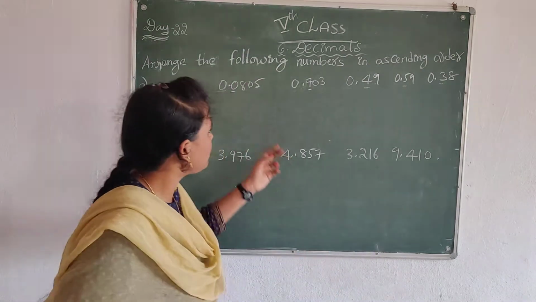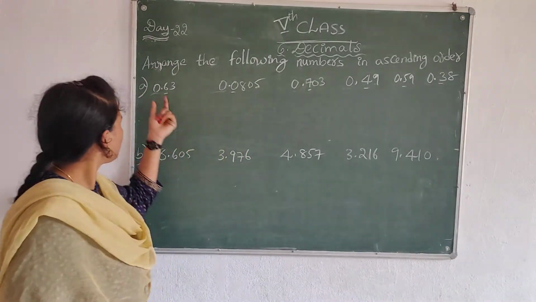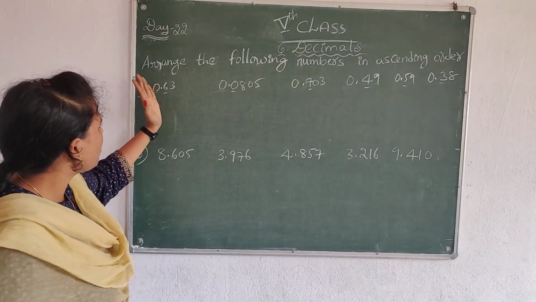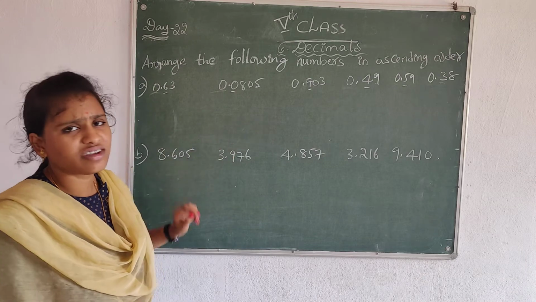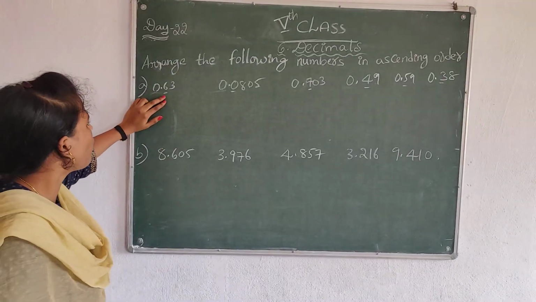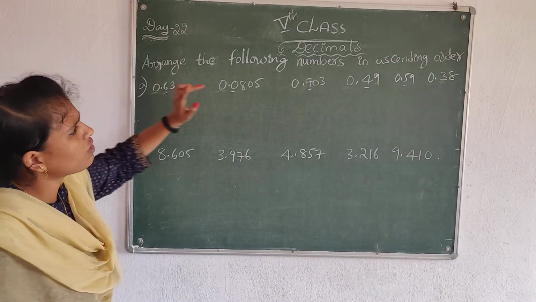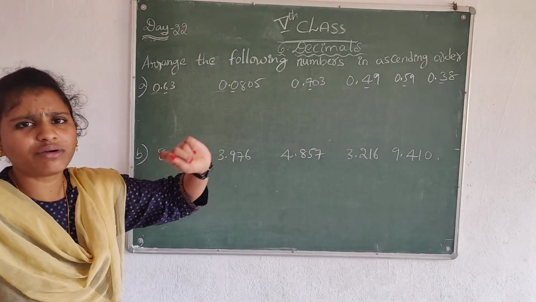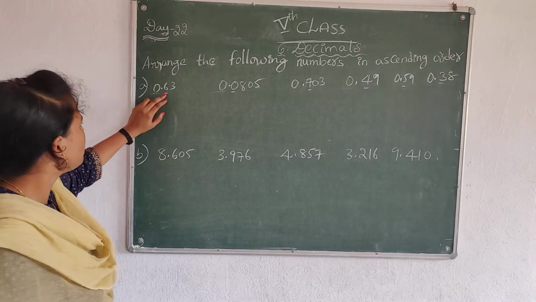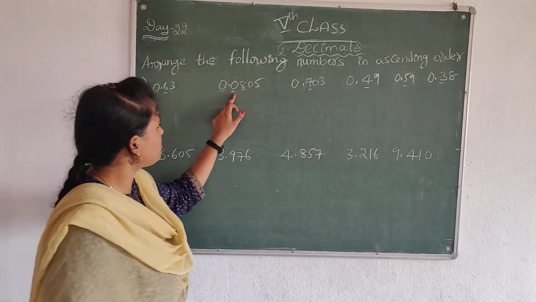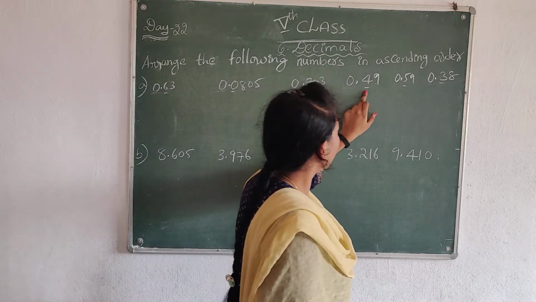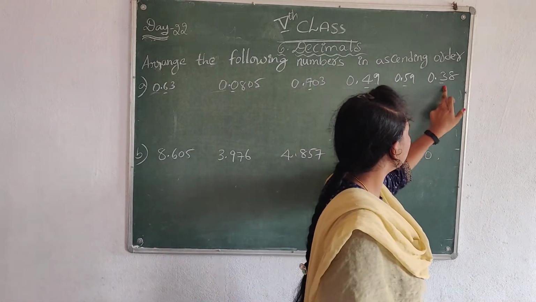Okay, let's see the first one. First check the left side first number. So ascending order means first you have to find out the small digit. Here we have 6, 0, 7, 4, 5, 3.